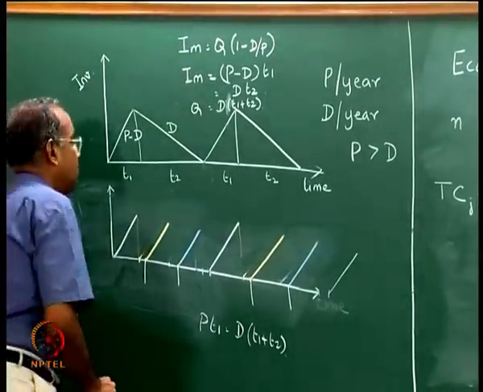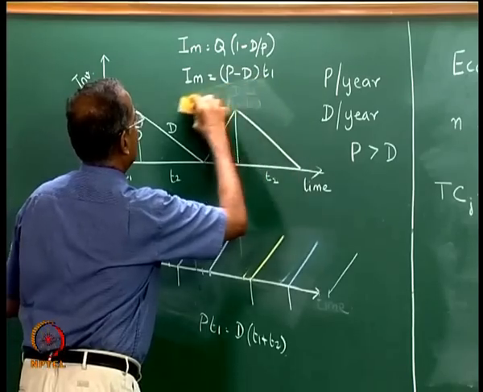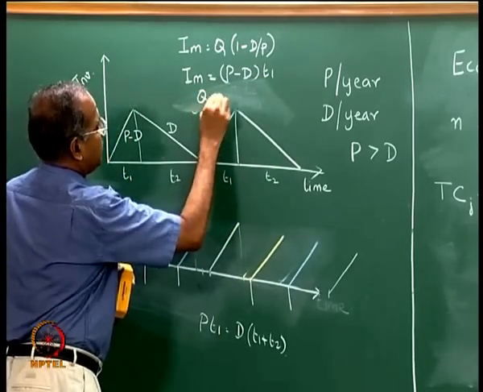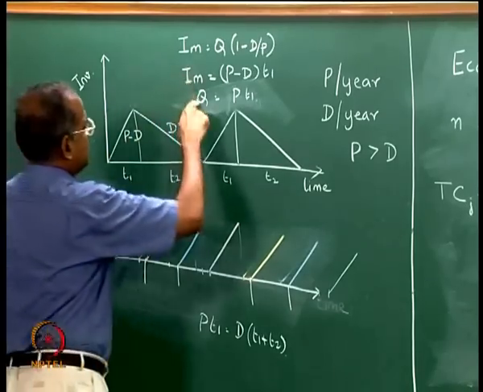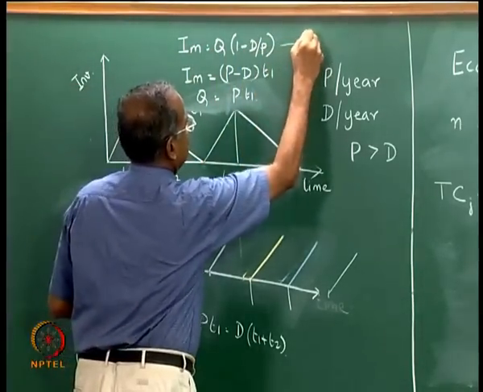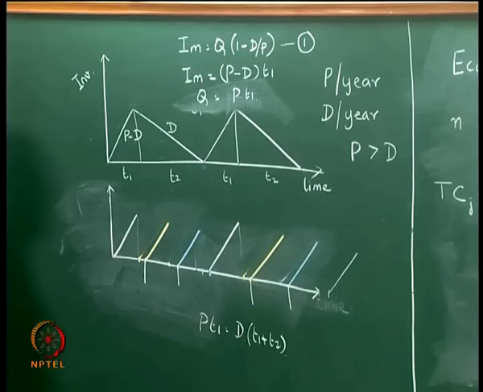Sorry, Q is equal to P T1. So, dividing one by the other would give us Im is equal to Q into 1 minus D by P. This is an important equation.